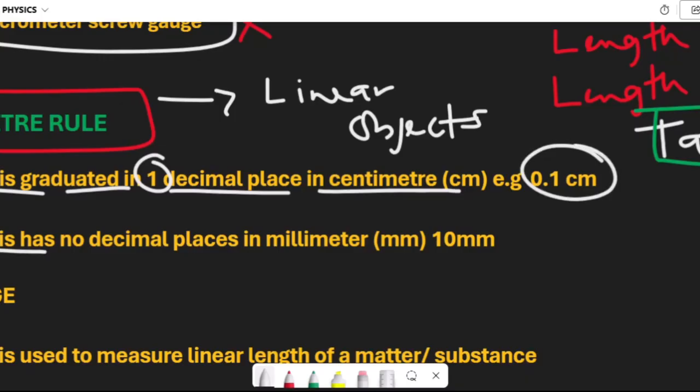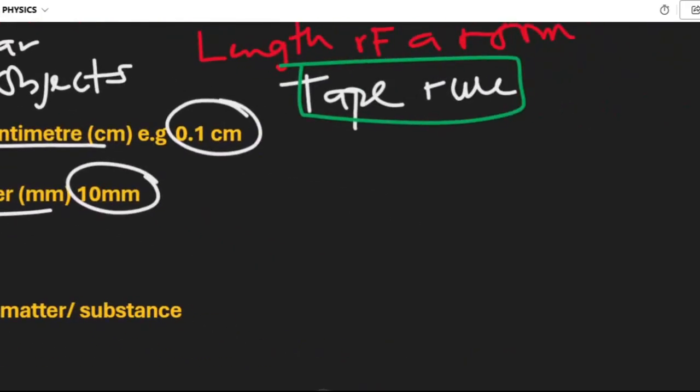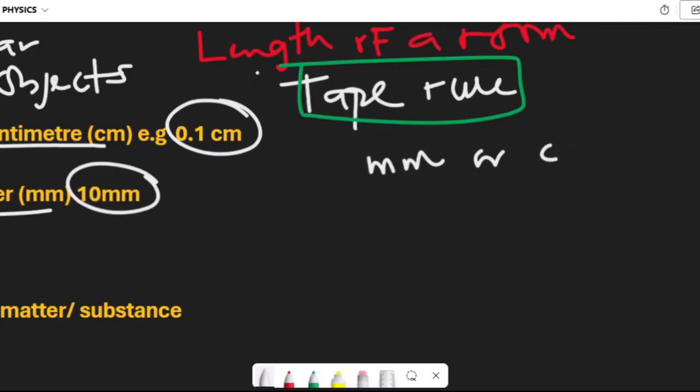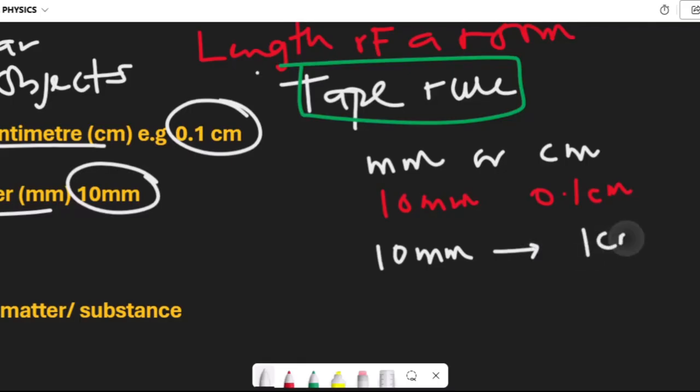Or it is graduated with no decimal place, measured in millimeter, for example 10 millimeter. What I'm trying to say is that the meter rule contains millimeter or centimeter, and 10 millimeter on the meter rule is equivalent to 1 centimeter. That is why they say 10 millimeter make 1 centimeter. Are you seeing that? So that's how it looks.